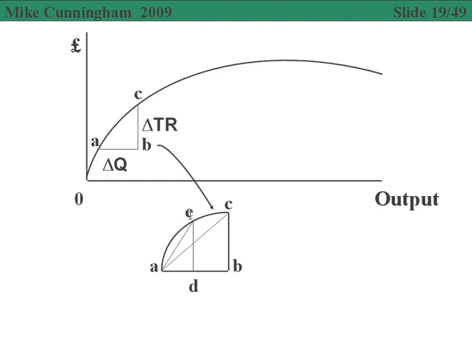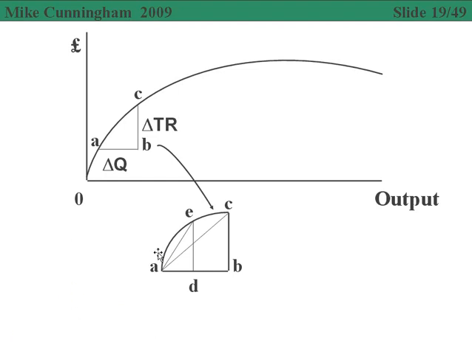If I take a second point, E, you can see that the marginal revenue has changed, because now we're taking a smaller change in quantity. We're not taking this big change in quantity up here. We're taking about half of that. But again, total revenue has changed, and you can see that the gradient of the line AE is bigger than AC.